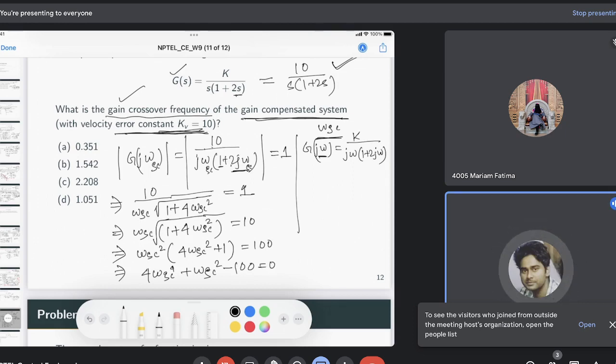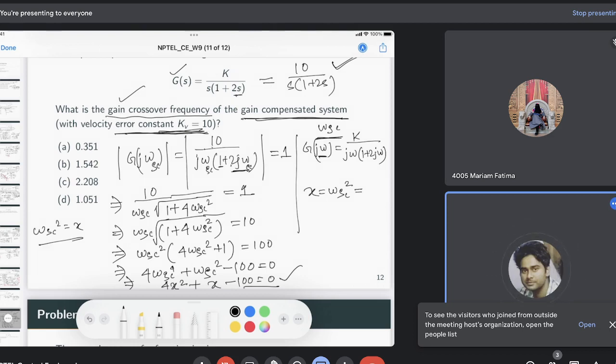Again we see that we can take omega gc square equal to x, so this expression will be 4x square plus x minus 100 equal to 0. Again we have a quadratic equation in x, and we can solve it using a calculator.